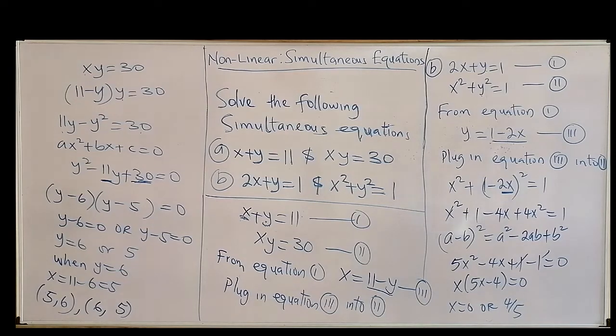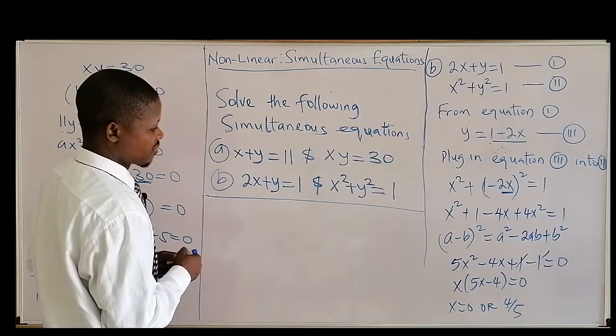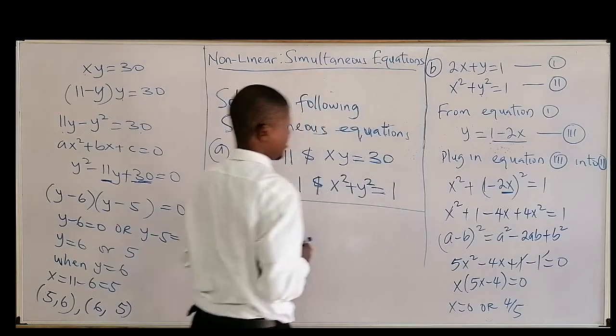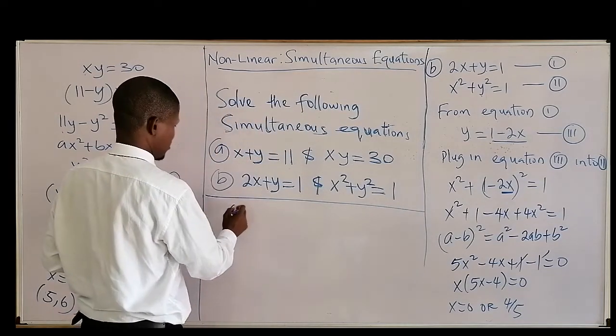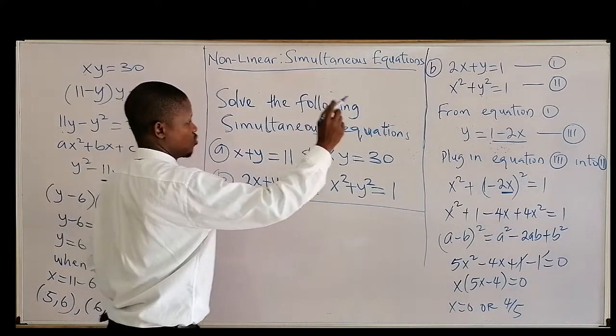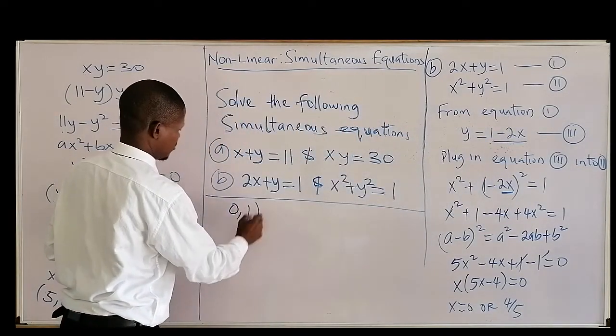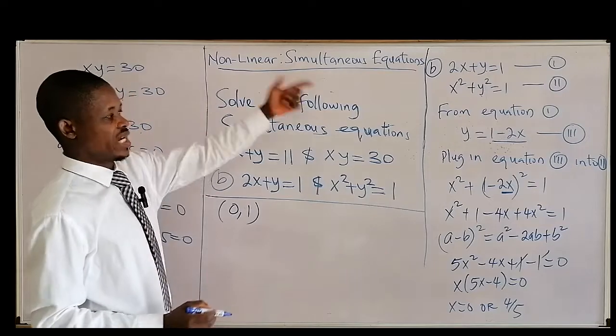The next thing to do is to get the corresponding y value. When x is 0, y is 1 minus 2 times 0, so that's 1. When x is 0, y is 1.